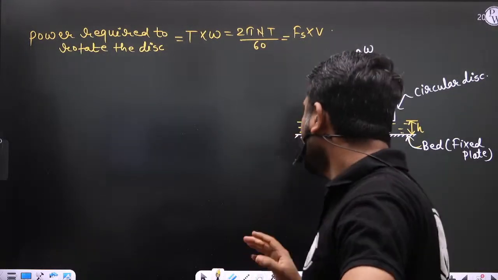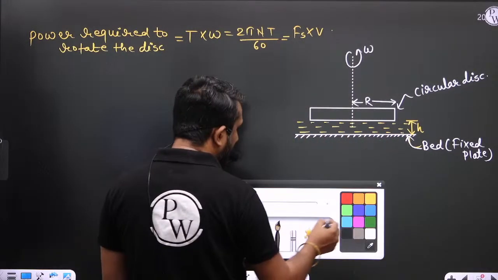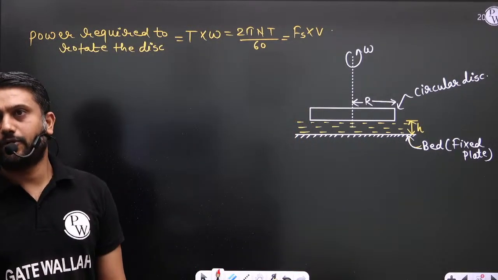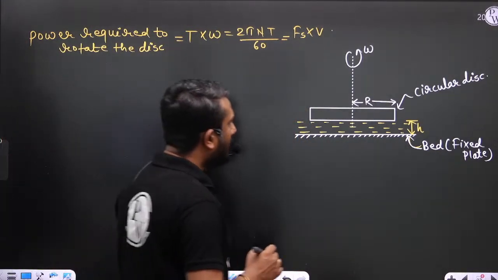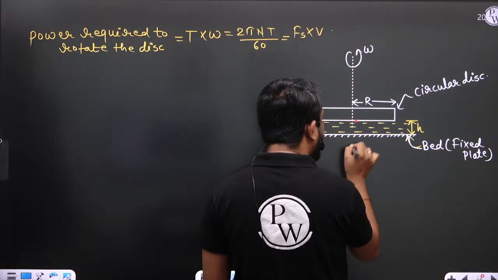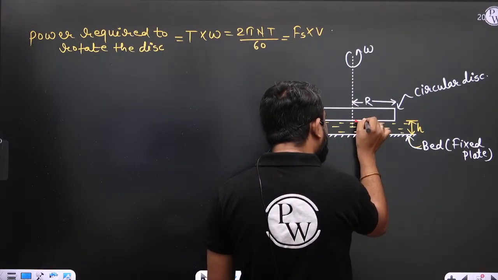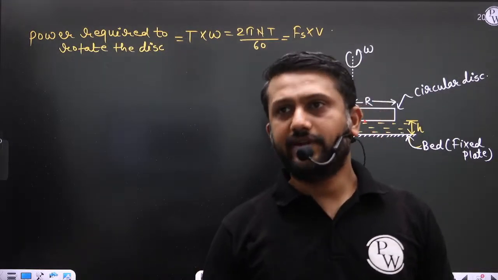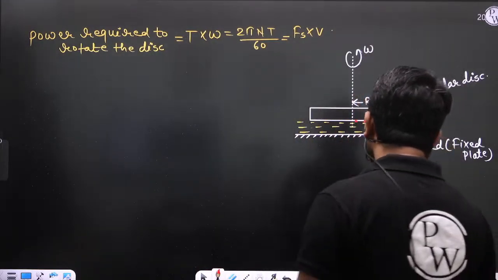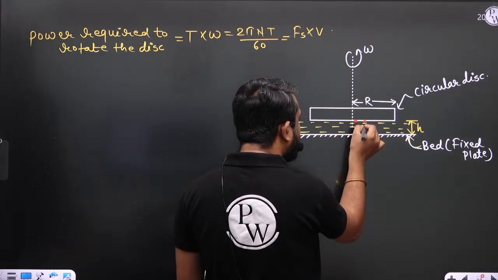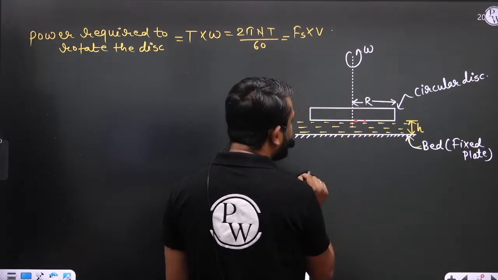But see here, what is the problem actually in this case? I will tell you the problem. If you see the velocity here, which velocity? The tangential velocity. So the velocity here is omega multiplied by r.